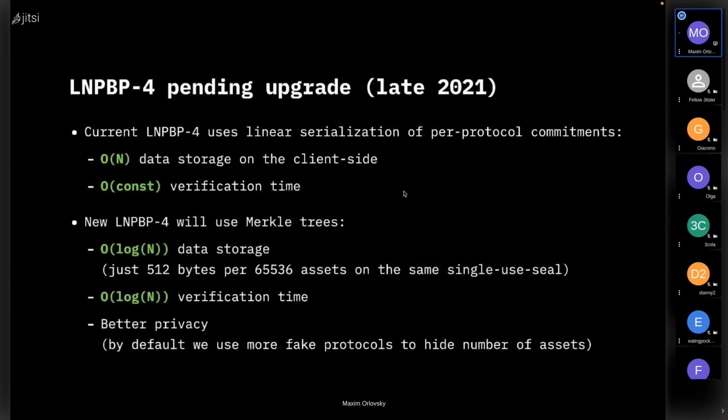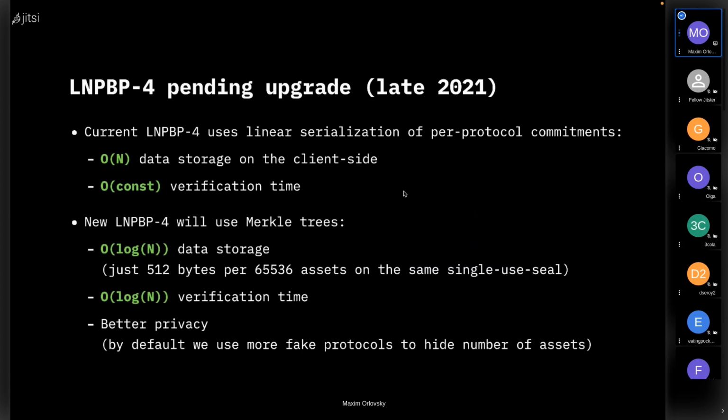The original LNPBP4 that we developed was simpler than what I described today. So we started with a linear serialization of all the commitments into just a linear structure and then taking a hash out of it. Later, independently, I found that, and also when I met Peter in September, once again, he confirmed that he was thinking about the same thing for some time.